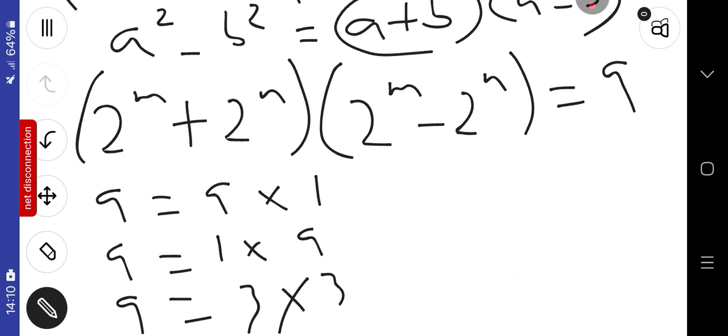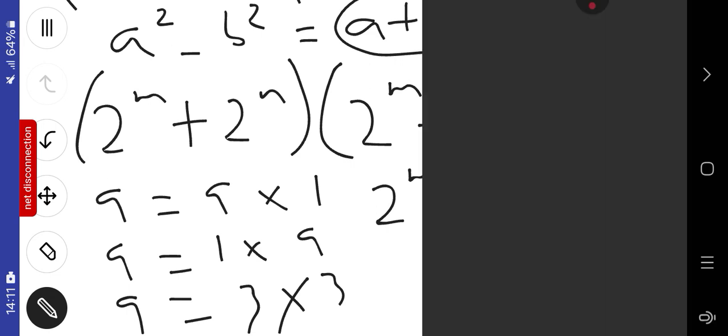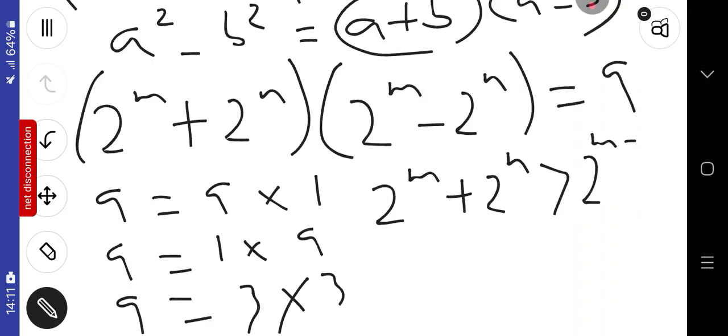Now from our question, we can see that the first bracket will be greater than the second bracket, which means that 2 exponent m plus 2 exponent n should be greater than 2 exponent m minus 2 exponent n.